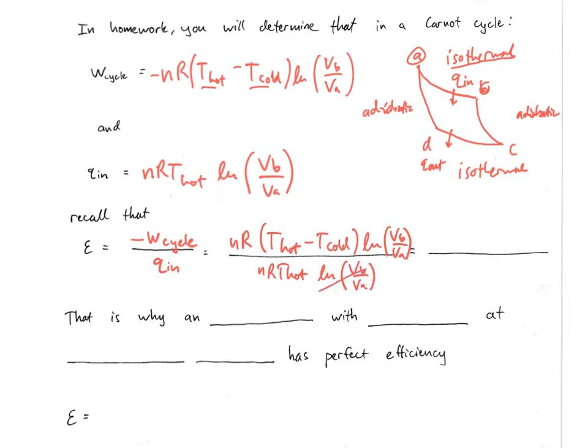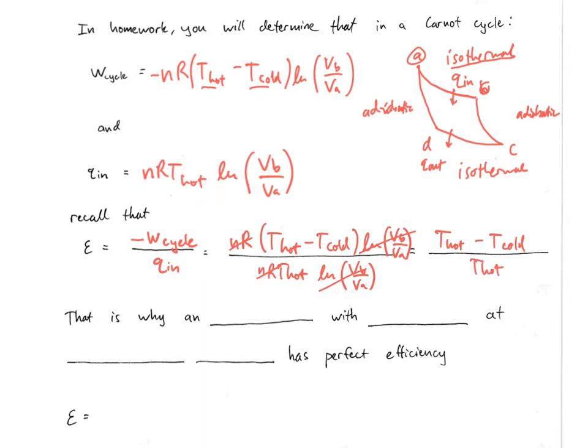Notice that these two will just cancel out, so will the nR, and we're left with the efficiency being the temperature of the hot reservoir minus the temperature of the cold reservoir divided by T hot.